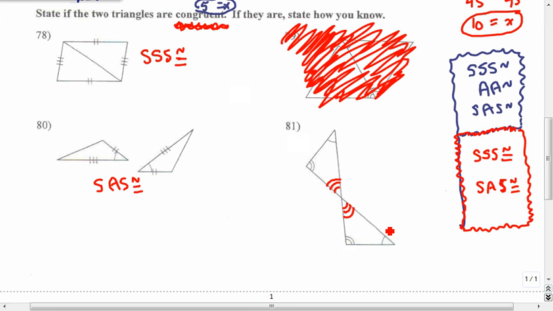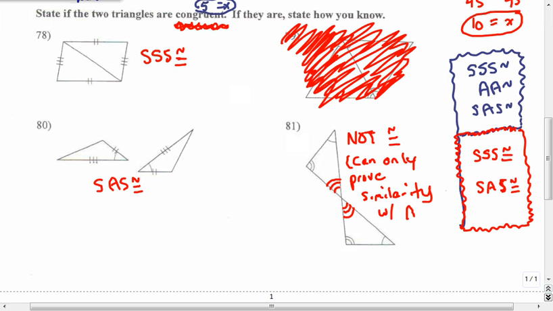So, in this case, I have 3 pairs of congruent angles. But is angle, angle one of our congruency conjectures? No. So we're going to have to say not congruent. We can only prove similarity with angle, angle.